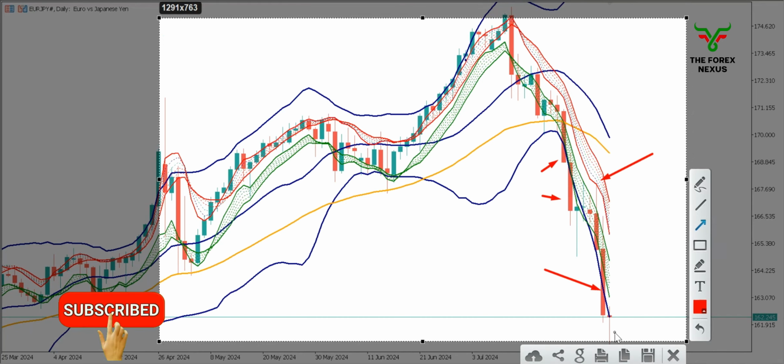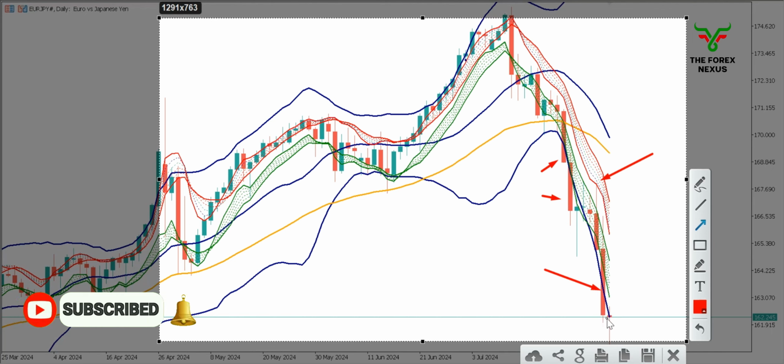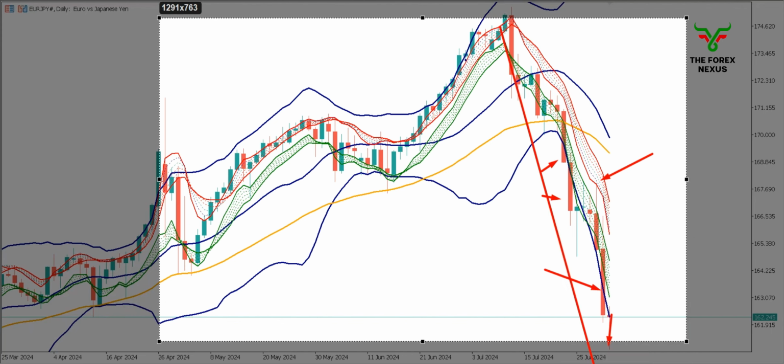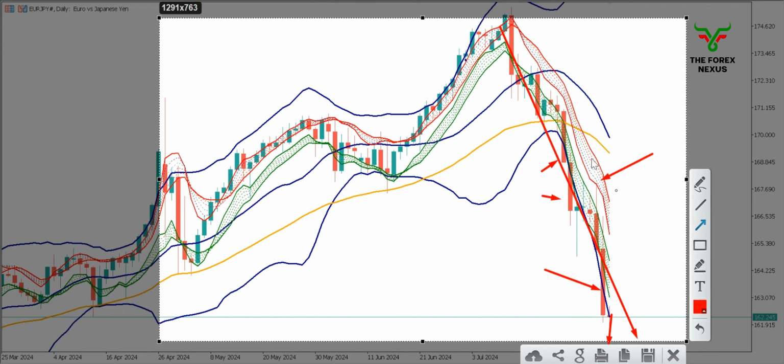Then the market dropped, and I'm expecting today the market will drop more. But it's not a signal, because the market already moved too much. The short setup has already moved, so we need to wait for a re-entry here. We need to wait for a re-entry here, then the market will drop.